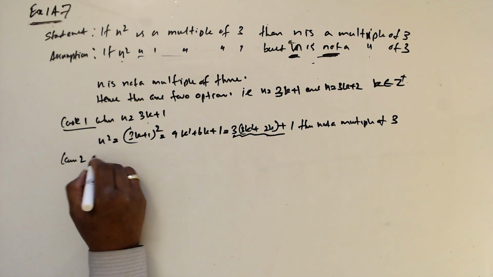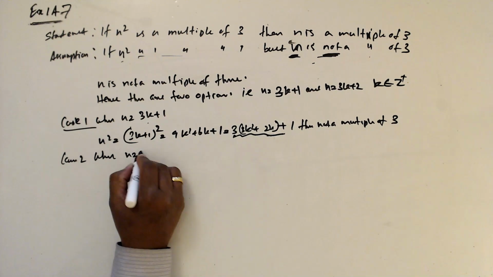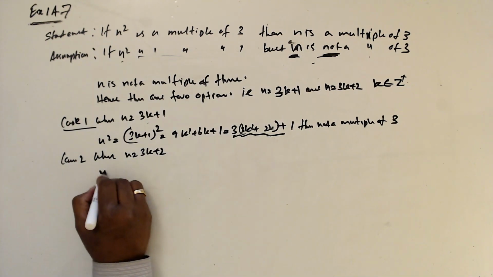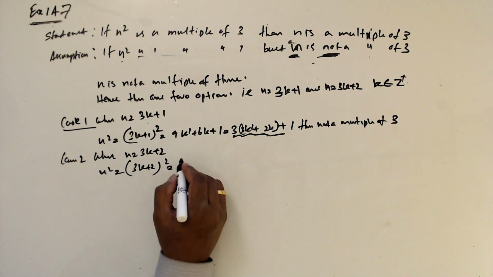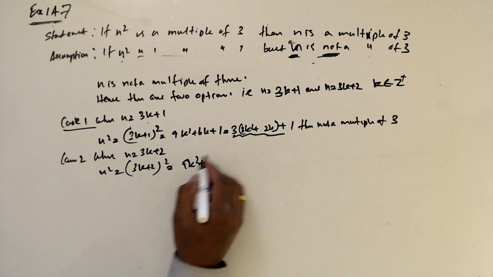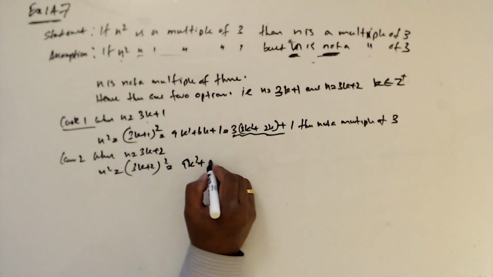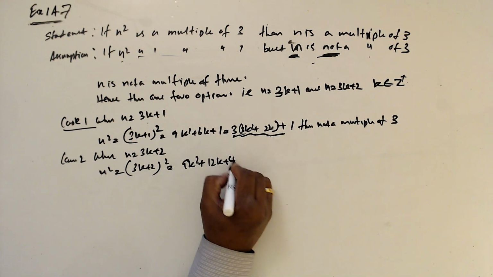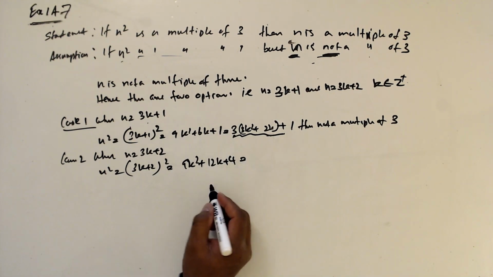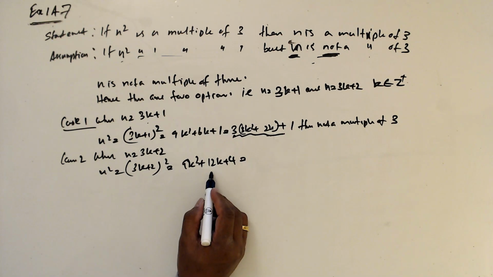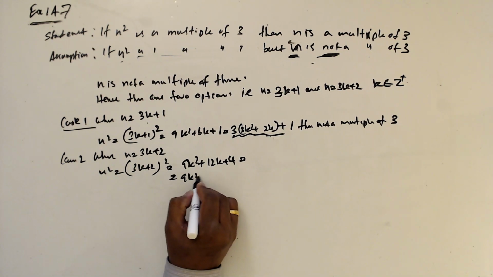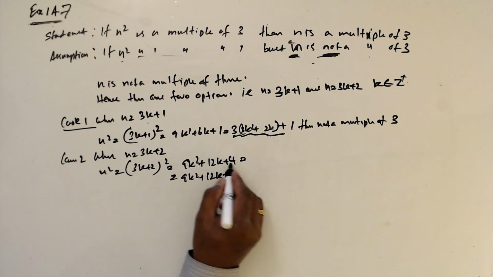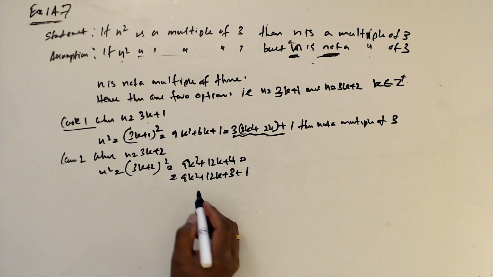Case 2. When n equals 3k plus 2, n square equals (3k plus 2) square, that is 9k square plus 12k plus 4. So when I factorize 9k square plus 12k plus 4, I will break 4 into 3 plus 1.